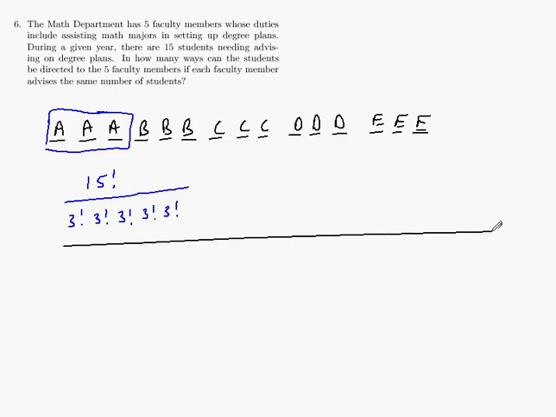We could have also done this problem in another method. We could have thought about it as the first faculty member comes in and says, well, selecting 3 students to advise. We don't care about the order once again. So combination, 15 choose 3. The second faculty member will come in. There are now 12 students left to advise.